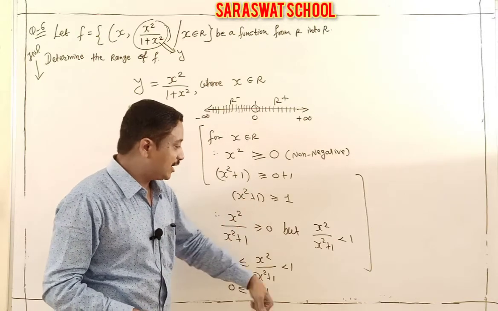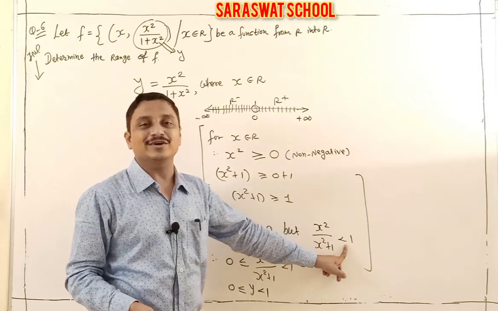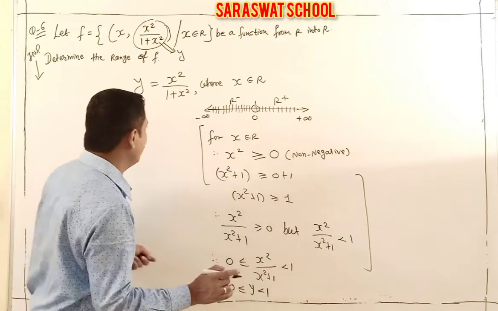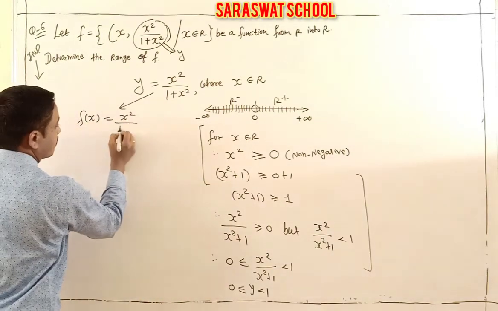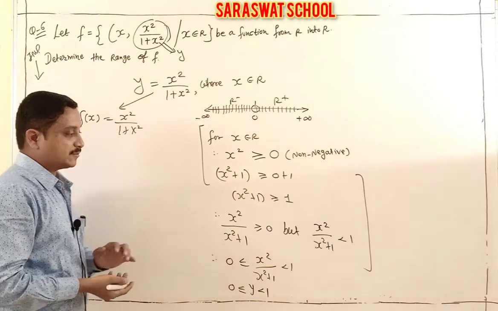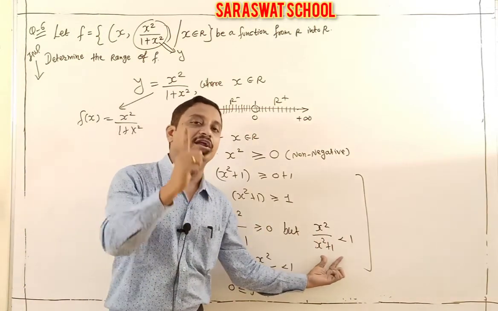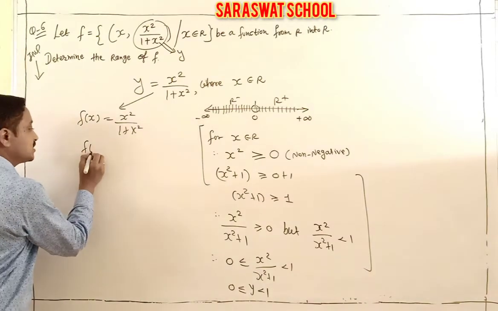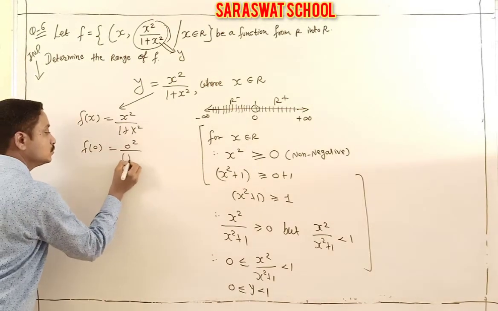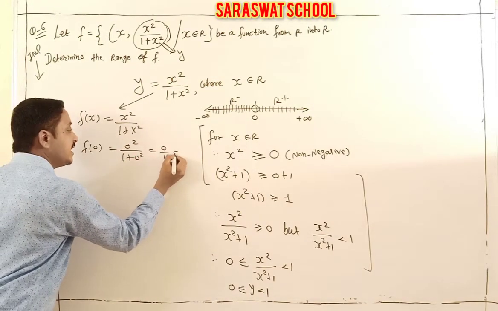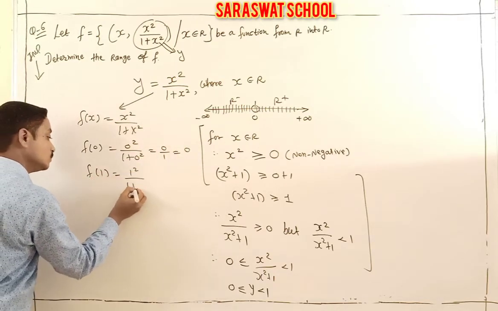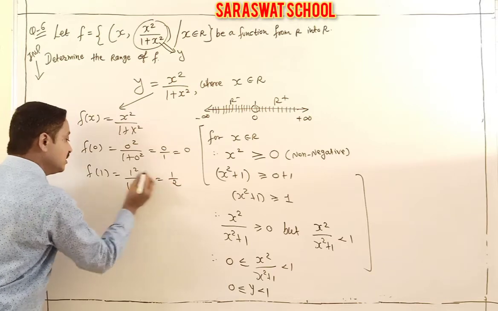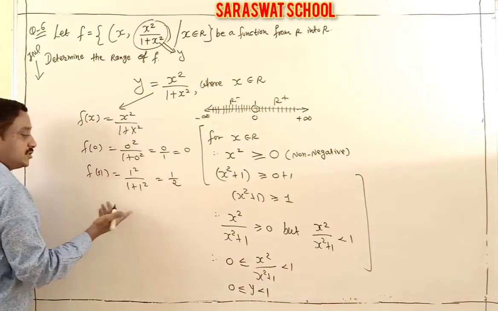But I think you are wondering why I wrote here less than 1. Yes, I explain. Wait. Please consider your fractions. Explanation for this one: why I write less than 1. Just put in some numbers. Put 0, what is your answer? Yes, 0. If I put 1 then the answer is half. If you put plus or minus 1 then the same answer.